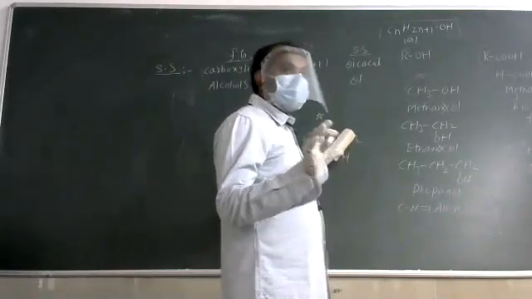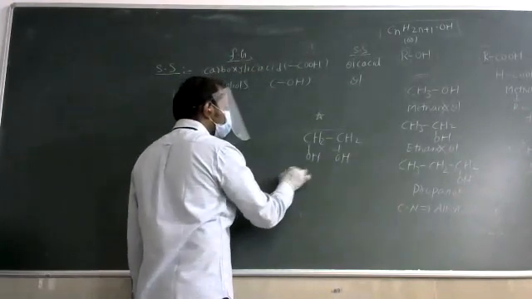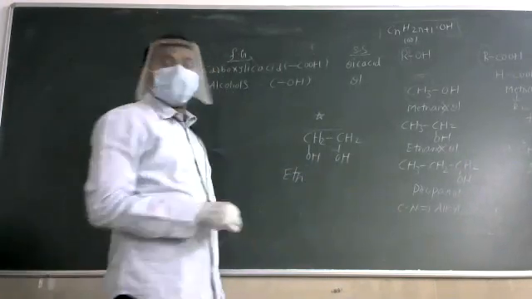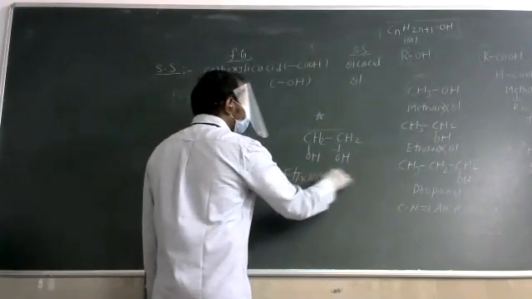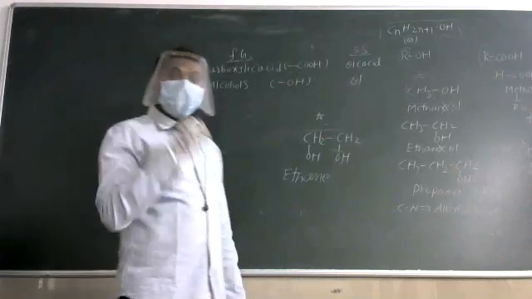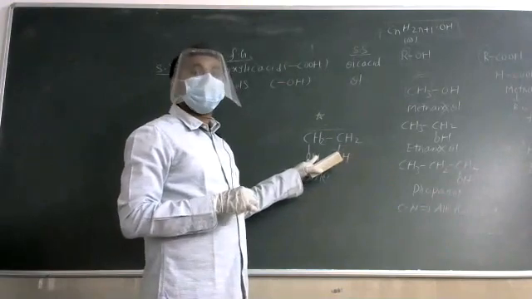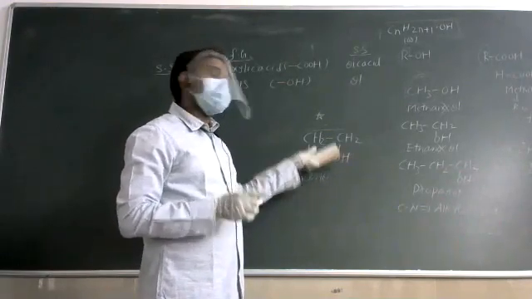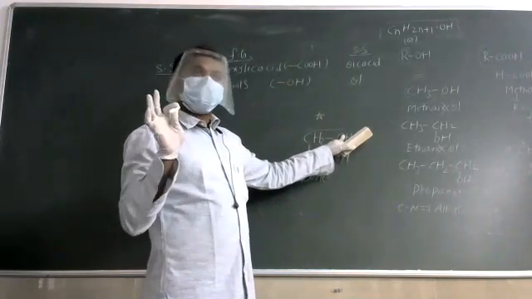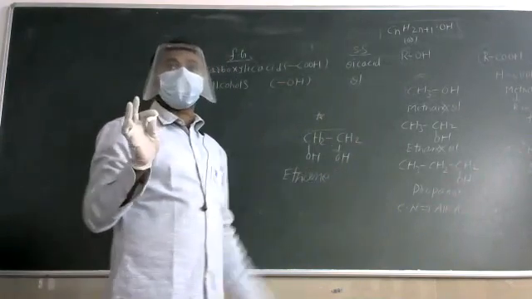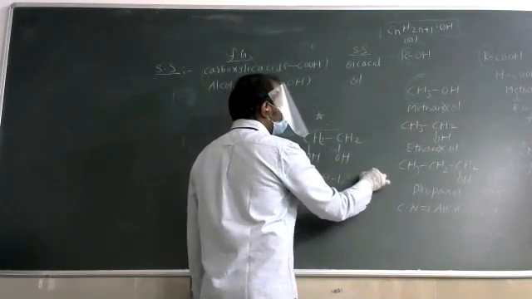Generally we expect the root word, 2 carbons, E, carbon-carbon single bond, A, ethane. Here both carbons have equal priority. You can say it is the first carbon, or you can say it is the first carbon. Both are correct. Because of that reason, we say ethane 1,2-diol.